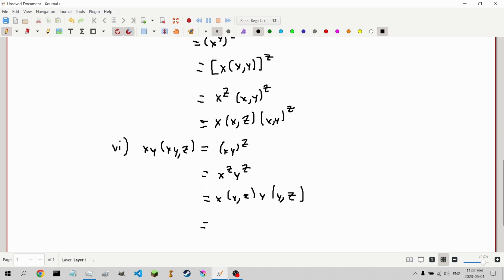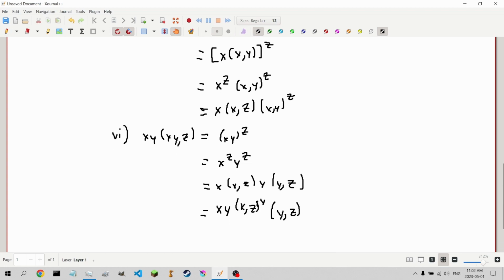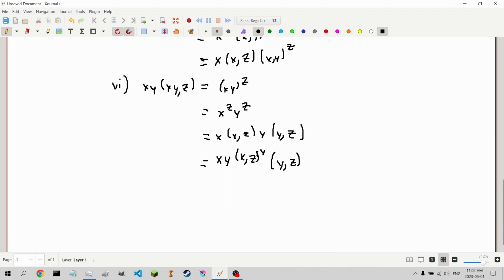So this is equal to x, y, x, z to the y, and then y inverse here, which cancels out this y, and then y comma z. And once again, if you cancel out this extraneous term on the left, we get the desired result.